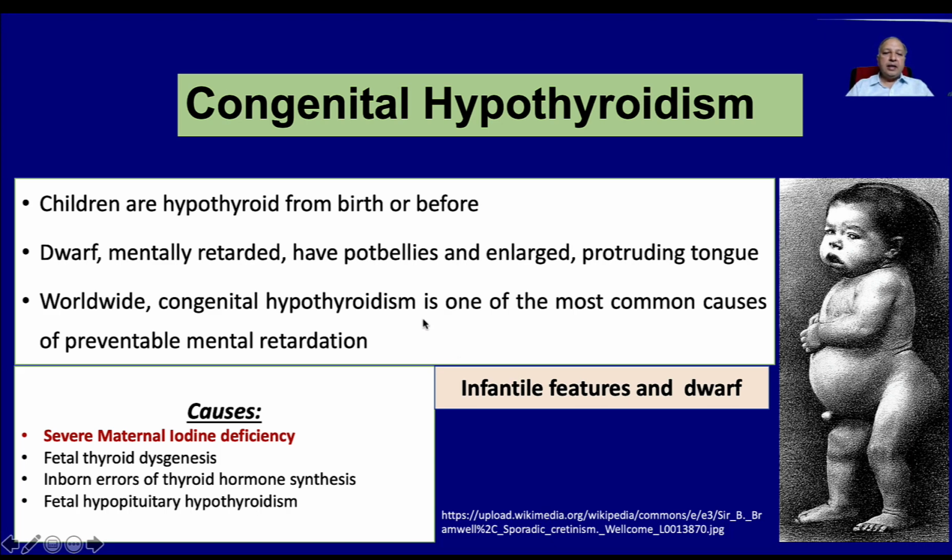Worldwide, congenital hypothyroidism is one of the most common causes of preventable mental retardation. There can be multiple causes. One of the most common causes, severe maternal iodine deficiency. The other causes include fetal thyroid dysgenesis, inborn errors of thyroid hormone synthesis, and fetal hypopituitary hypothyroidism. The features are infantile and the stature is dwarf.